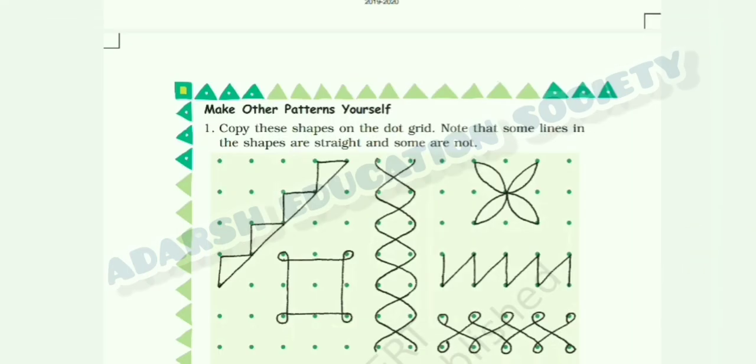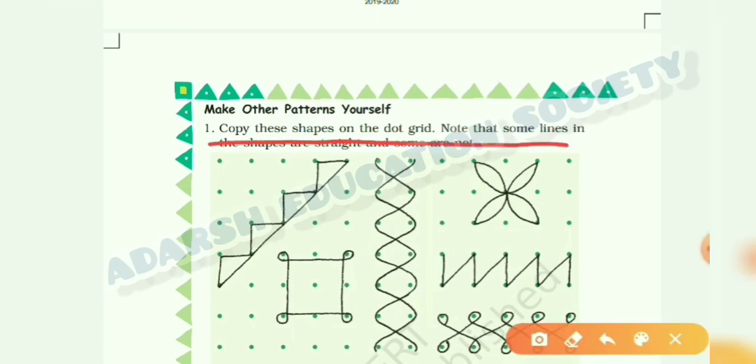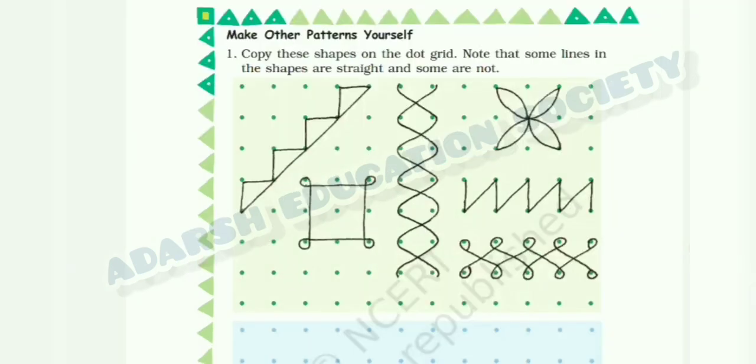Now in next page, make other patterns yourself. First one, copy these shapes on the dot grid. Note that some lines in the shapes are straight and some are not. Here are some patterns given.